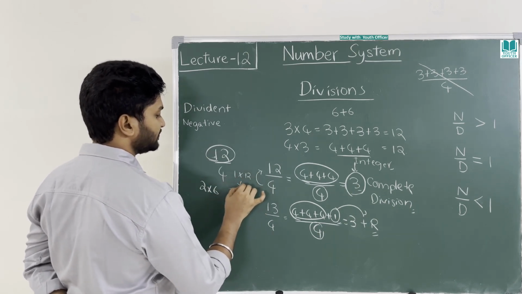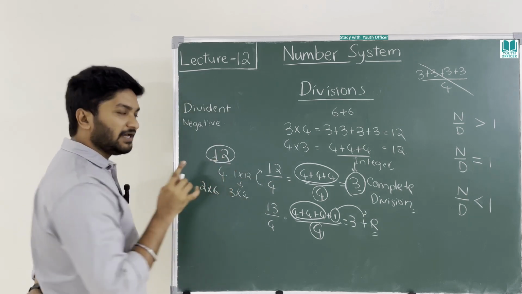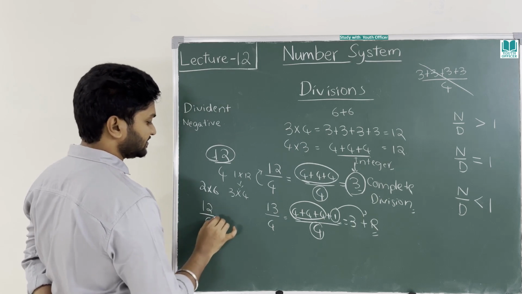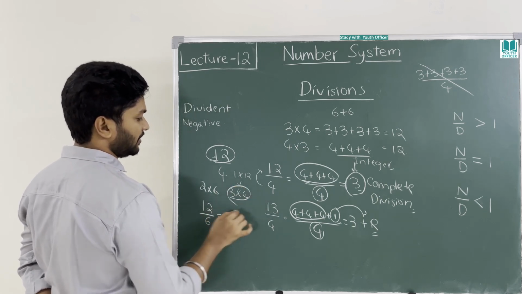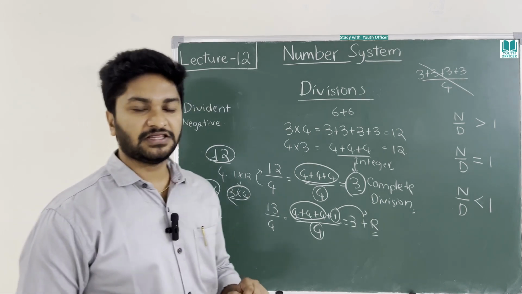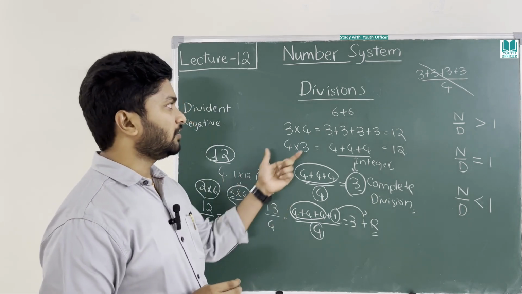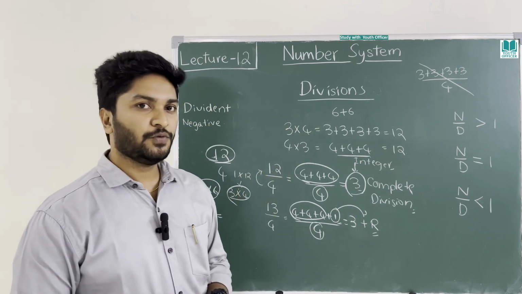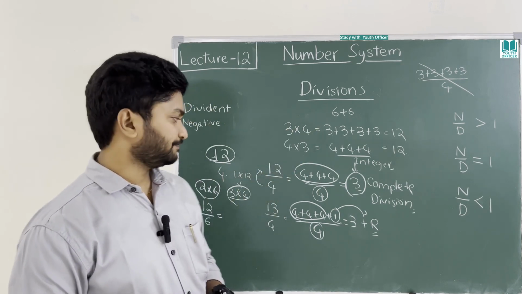You should know all these possibilities because you will not get 12 by 4 every time. Sometimes they may give you 12 by 6. That time you cannot use this method, you have to use this method. So that's why you should be very careful and thorough with your tables in order to do the multiplication as well as the divisions. I hope things are very clear with you, right?